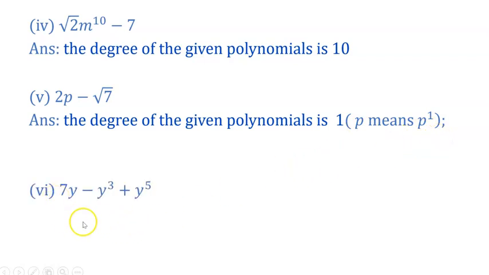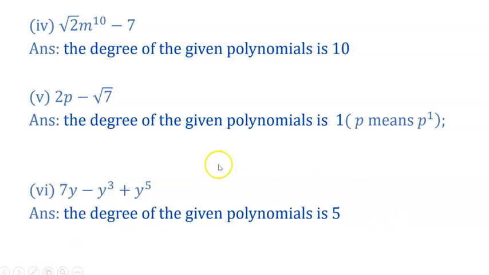Next, 7y minus y cube plus y raised to 5. The degree is 5 here, the highest power of y. Next, xyz plus xy minus z. Here there are three variables. The power of x is 1, y is 1 and z is also 1.